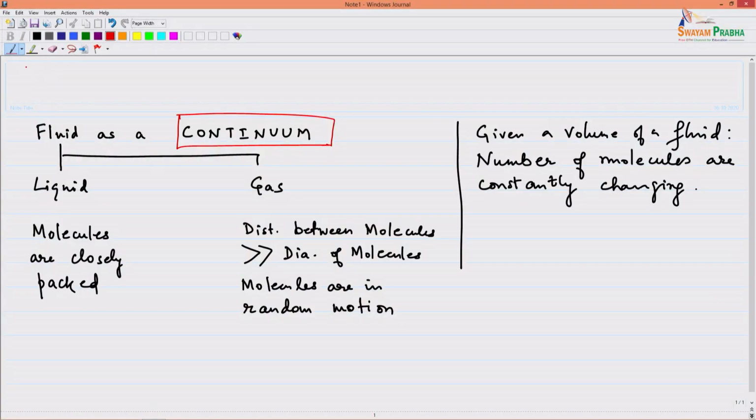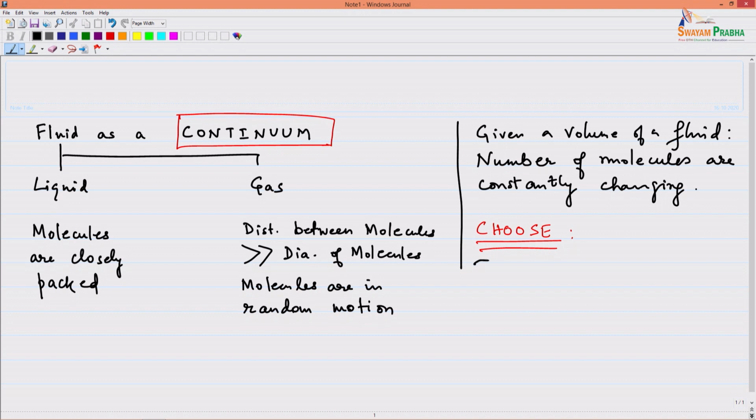So, what we need to do is choose a volume where the number of molecules is nearly constant, in a given domain of fluid.